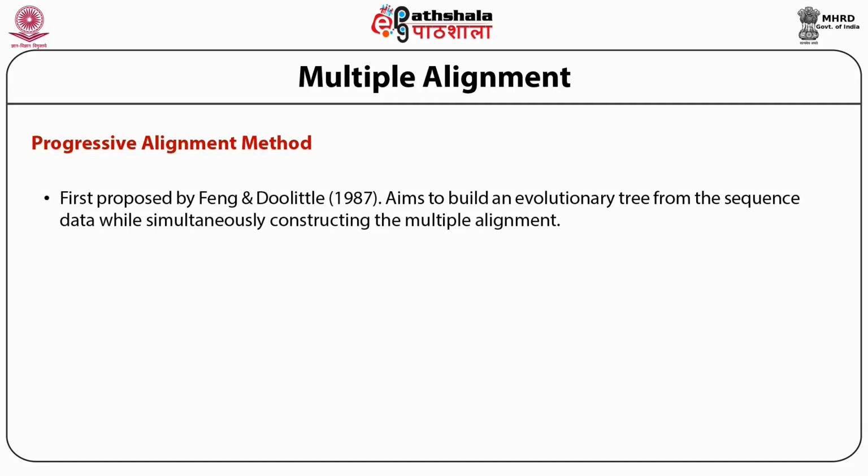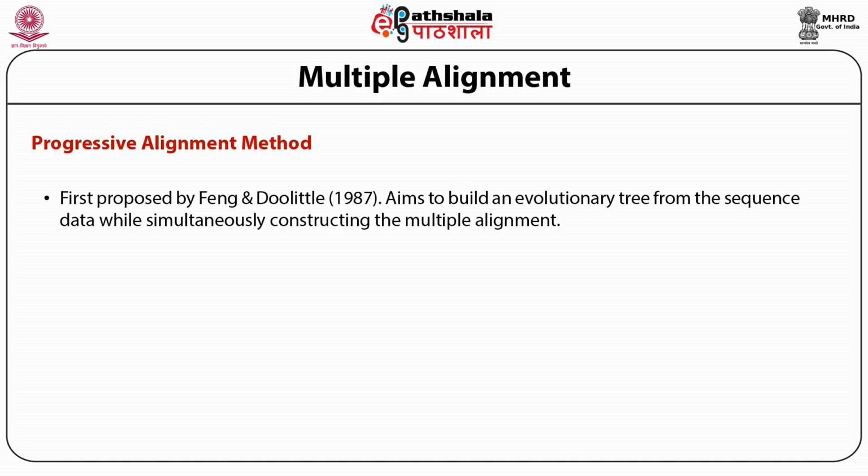What they do is they try to build an evolutionary tree from the sequence data while simultaneously constructing a multiple alignment. So something like the way the center star alignment goes, but instead of picking up sequences in arbitrary order, they pick up sequences based on a certain logic and based on an evolutionary tree.